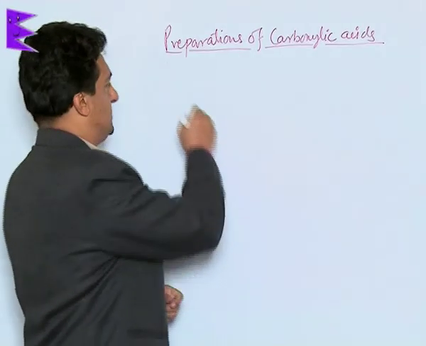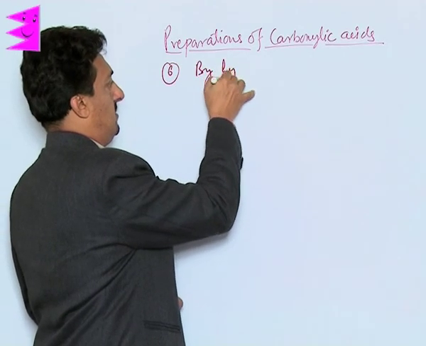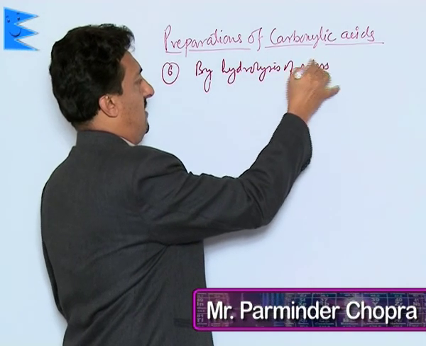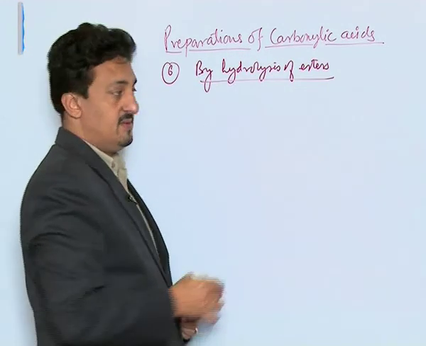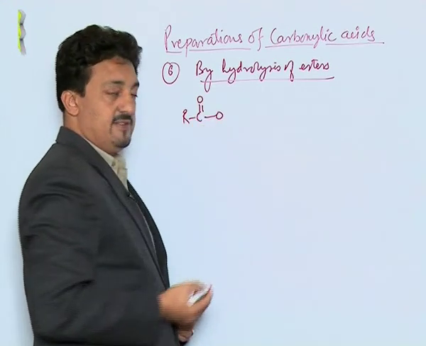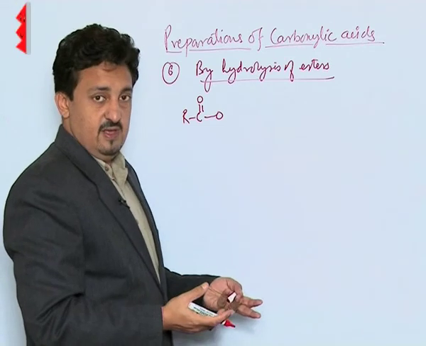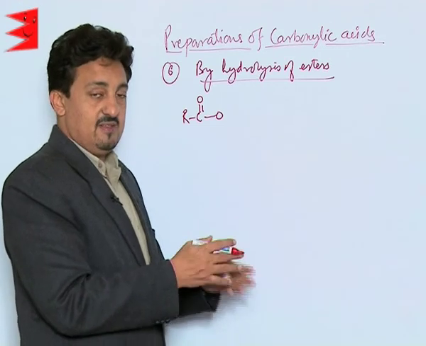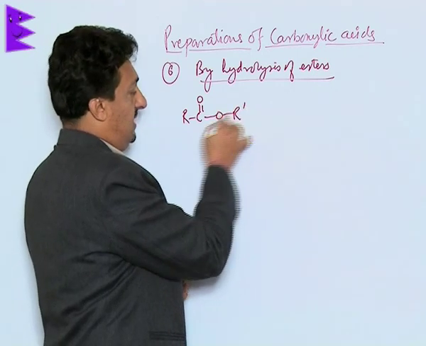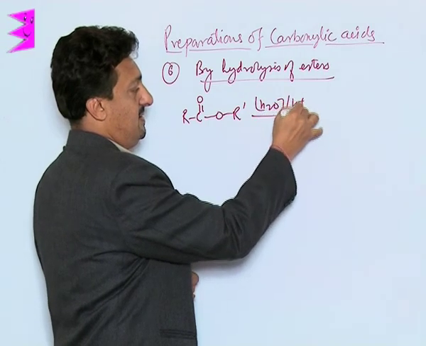The next method is by hydrolysis of esters. Esters, we know, are called salts in organic chemistry. They are called organic salts because they are formed by the mixing of the carboxylic acid with alcohol. Now, these esters can be hydrolyzed both in acidic as well as in basic medium.